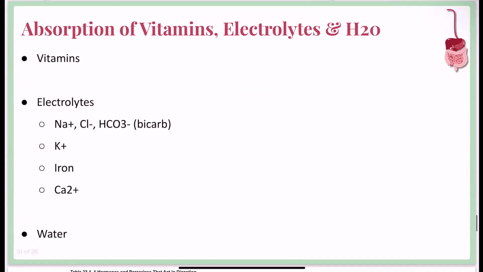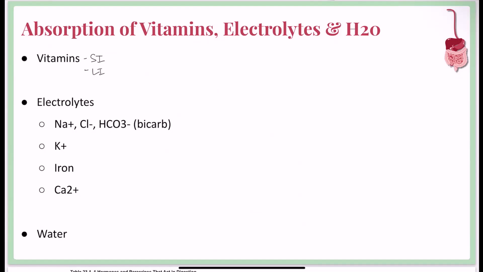Okay, the last little bit that we'll chat about here, and then I'll just show you some summary tables for your own edification, is absorbing vitamins, electrolytes, and water. This is what's left. So vitamins. With vitamins, the small intestine does a lot. The small intestine absorbs a lot of vitamins.